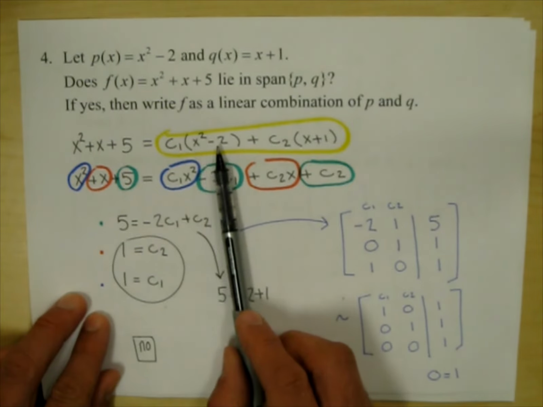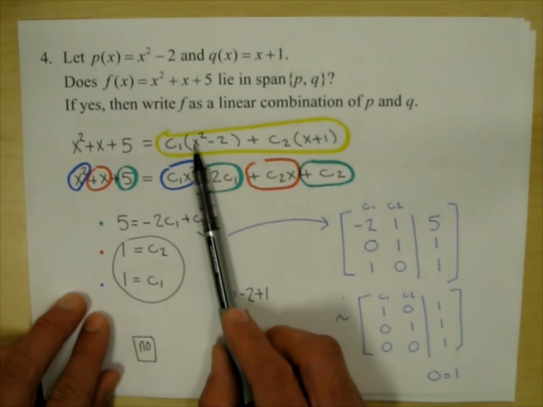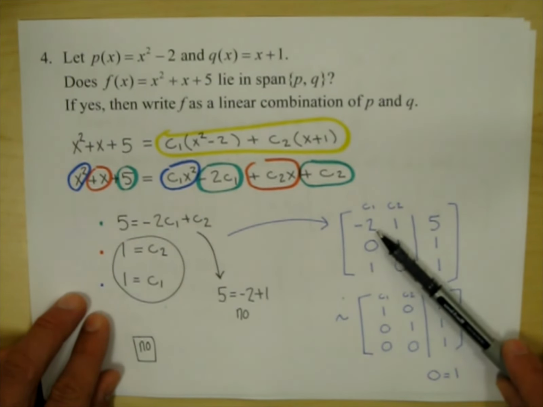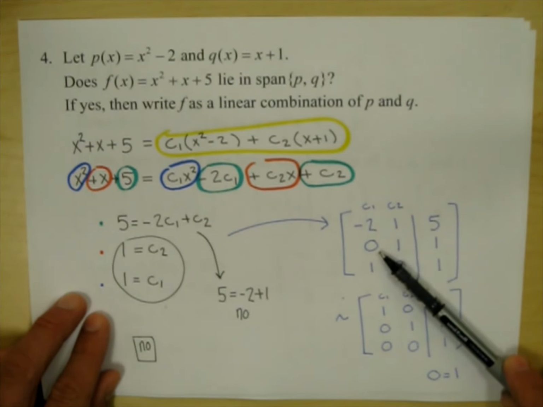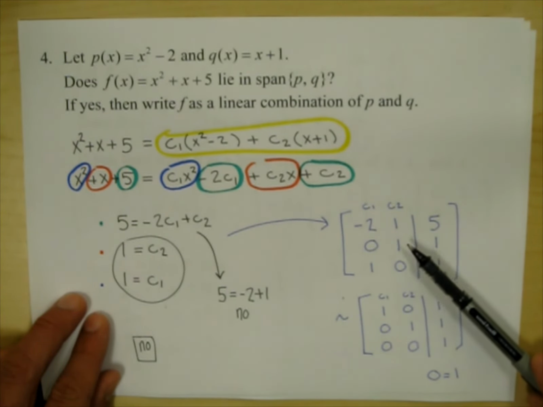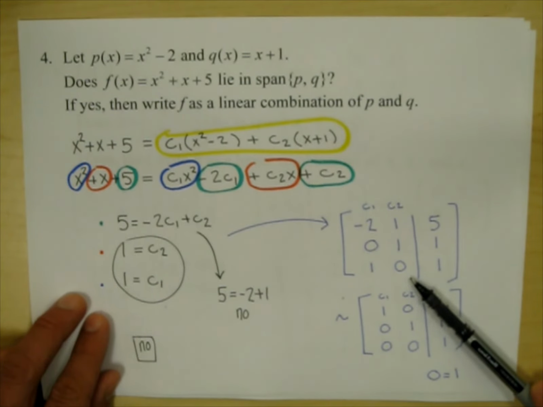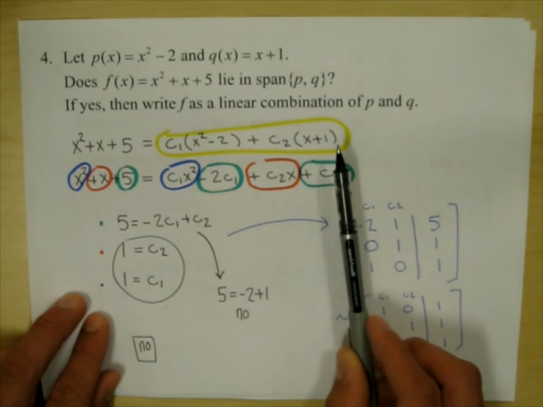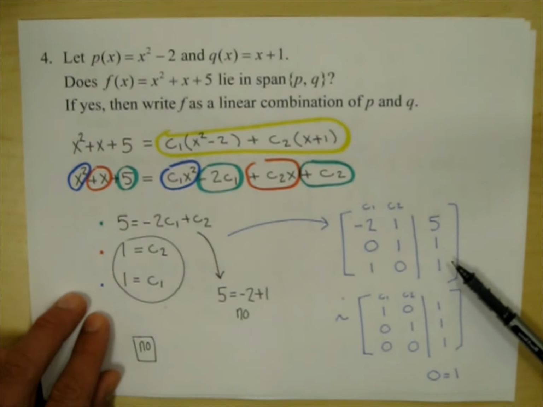It's x squared minus 2, but it's kind of like 1x squared plus 0x minus 2, or if we did it the other way, negative 2 plus 0x plus x squared. And then this one is 1 plus x plus 0x squared. So these columns here kind of represent these vectors. And then this one right here is 5 plus x squared.